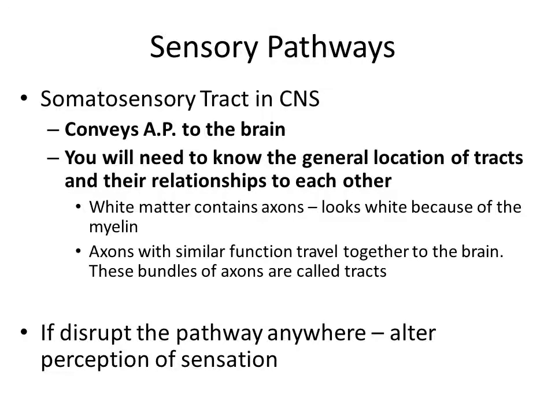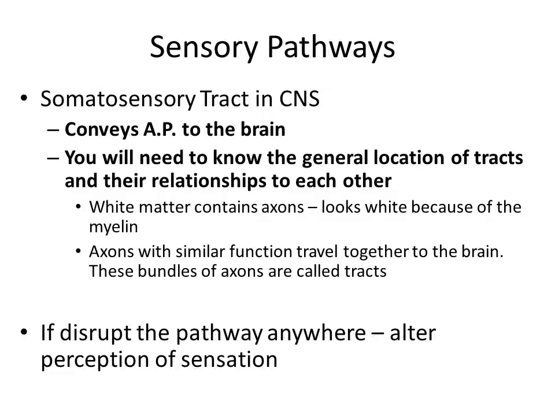Once the information gets into the central nervous system, however, it needs to follow a particular pathway to get from the entrance point, which when we're talking about the body is the spinal cord, and get up to the brain for us to perceive the sensation, be it unconsciously or consciously, and then to respond to that stimulus in an appropriate manner. We have different tracts or fasciculi that carry this information up to the brain.